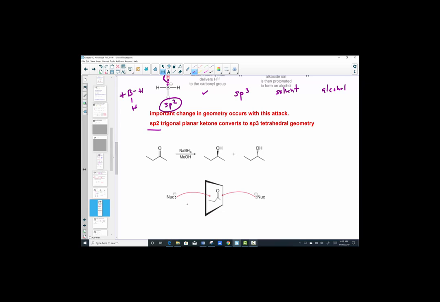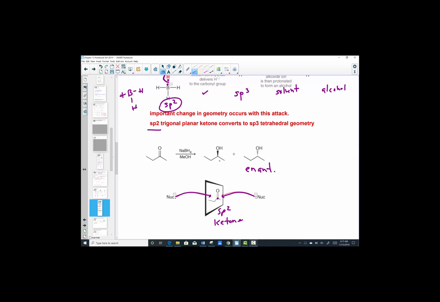So if that nucleophile attacks from this side or this side, because this ketone carbon is an sp2 configuration, trigonal planar, that means we're going to have enantiomers form through this process.